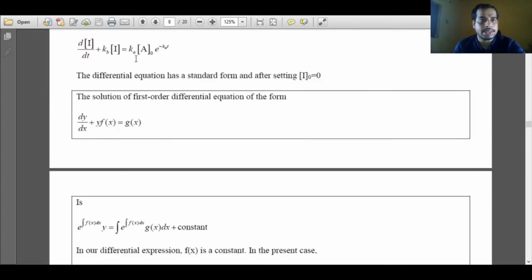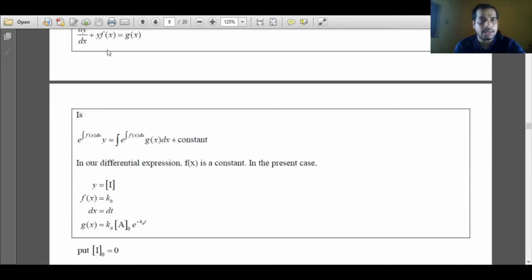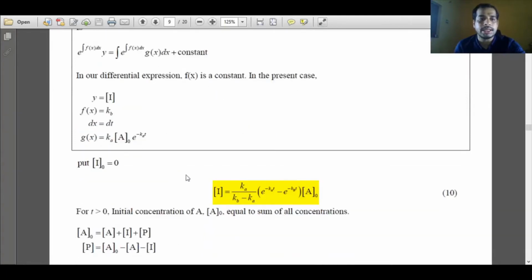For our differential expression, the corresponding notions are y is equal to I, f(x) will be Kb, that is a constant, f(x) is not a variable for our case, dx will be dt, and g(x) will be Ka A0 e to the power minus Ka t. If we substitute these parameters in the standard integral form, we'll get an expression for I. Further, we have to substitute the condition that the initial concentration of I is 0.